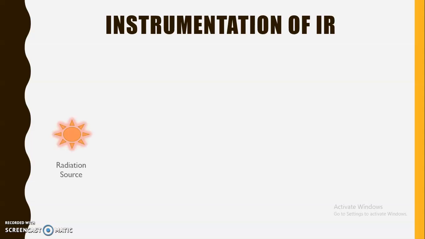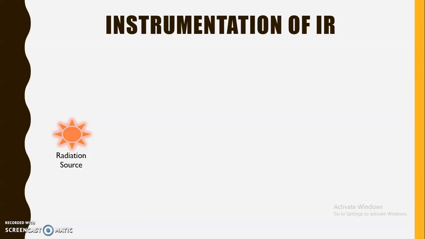So let's begin with the working of the instrument of infrared spectroscopy. As I told you, the first important component is the radiation source. The use of the radiation source is that it produces radiations in the IR region. As we know, the infrared region is a very wide region, which is also divided into three subregions: mid, far, and near infrared region.